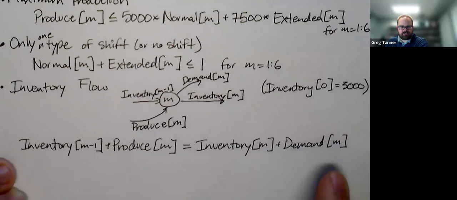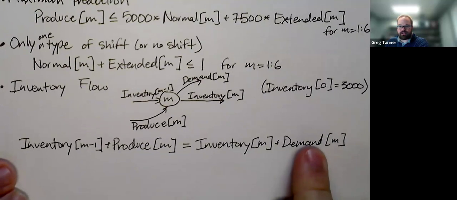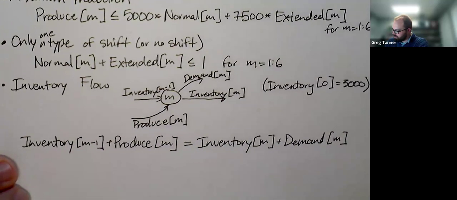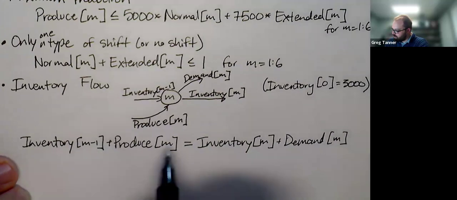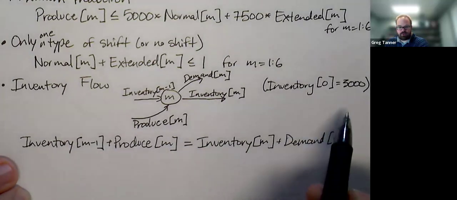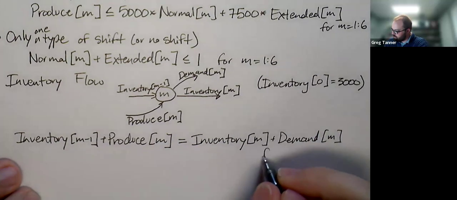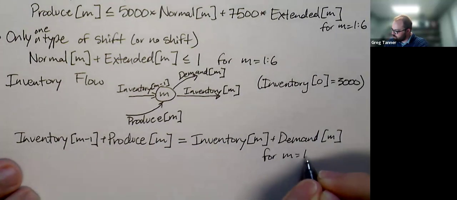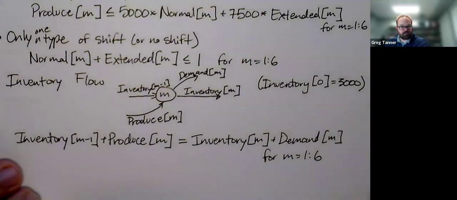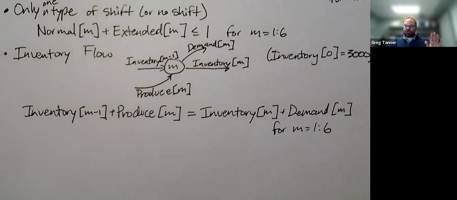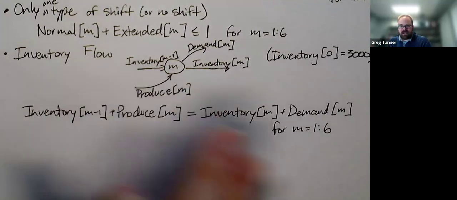I will point out this demand is a parameter, not a variable. The other three are all variables. In month 1, this references inventory 0, which is that 3,000. This is for M equals 1 to 6. Okay, that's our inventory flow constraint, saying everything's accounted for.